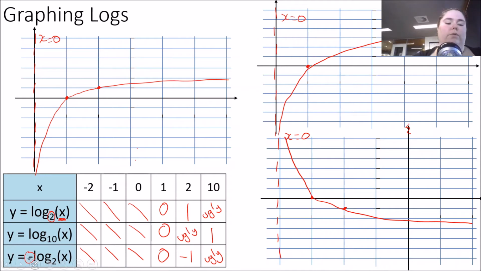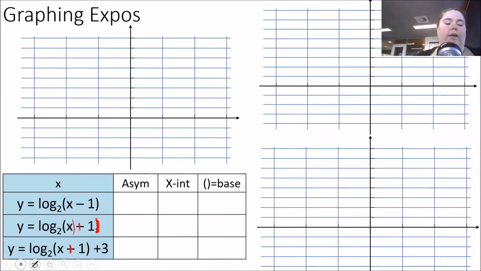Okay, so for all those ones, our asymptote was 0, because we hadn't moved left or right any. This one is all about the movement left or right. What I want you to remember is that this guy in the bracket is telling you if you move left or right. For your asymptote, you're thinking, what value of x makes that bracket equal 0? Well, x has to equal 1 for that to be 0, so my asymptote's at 1.